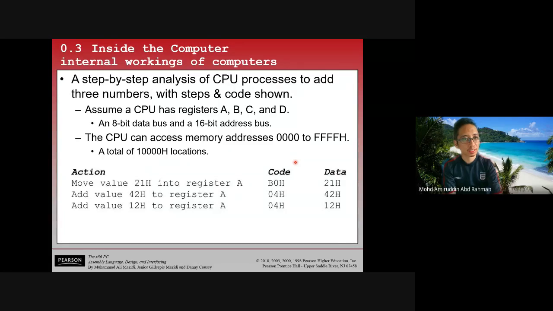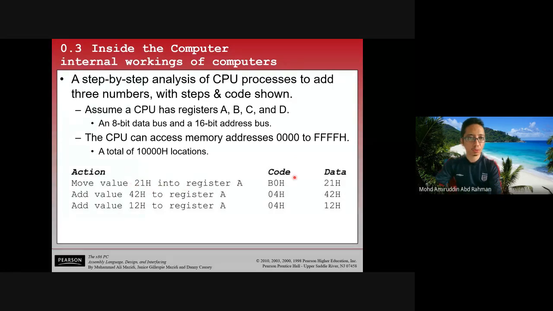So for example, we want to move, now you are doing the action to add 3 numbers, and then you want to move that to register A. So move the value 21H into register A. We have the code: one code is B0H, and then the data is 21H, because this is the value.